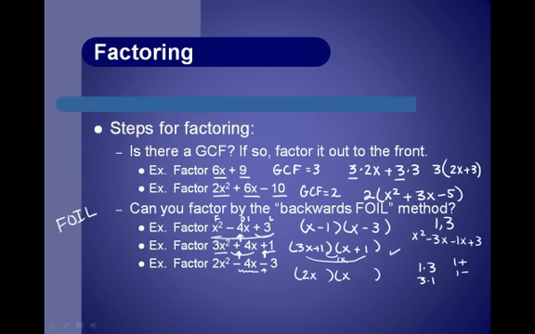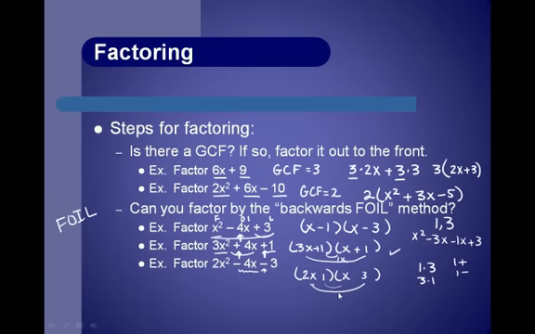So let's just guess. If we do a 3 and a 1 this way, we get outer 2 is 2x, inner 2 is 3x, 2x and 3x. If one's a positive, one's a negative, that is not going to give us 4x. Therefore, 3 and 1 don't work. Let's try 1 and 3.